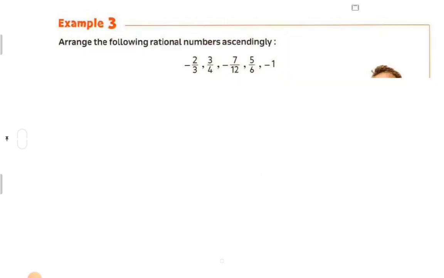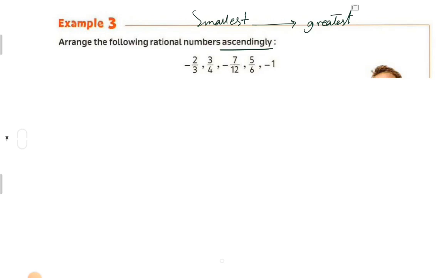Example number 3. Arrange the following rational numbers ascendingly. Ascendingly means to start from the smallest to the greatest one.